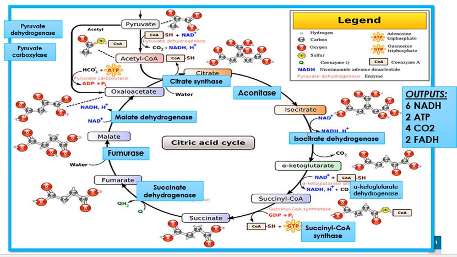So with the help again of this enzyme, isocitrate dehydrogenase, alpha ketoglutarate is then converted into 4 carbon, what we call succinyl-CoA. So this 5 carbon again releases carbon. So from 5 carbon, only 4 carbon remains. So this is succinyl CoA.